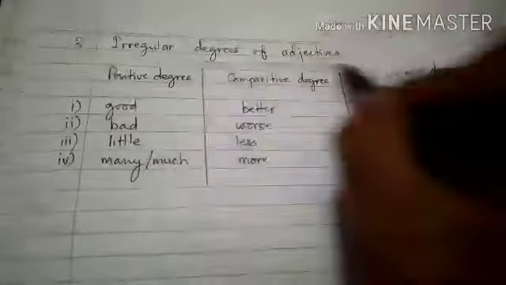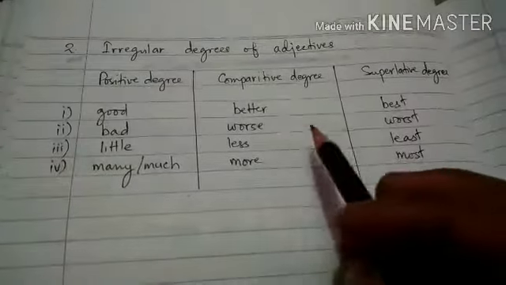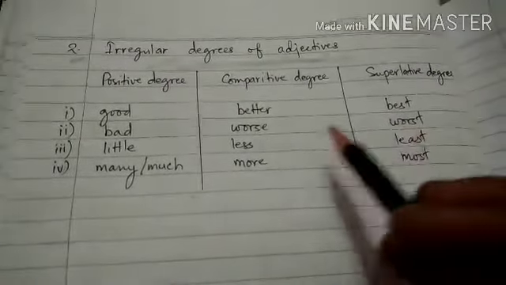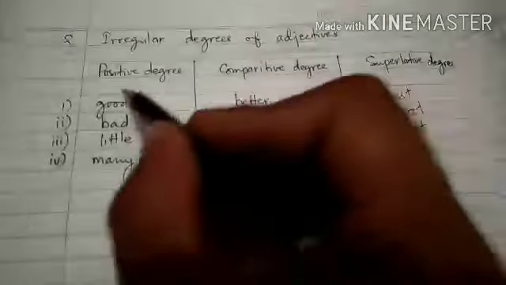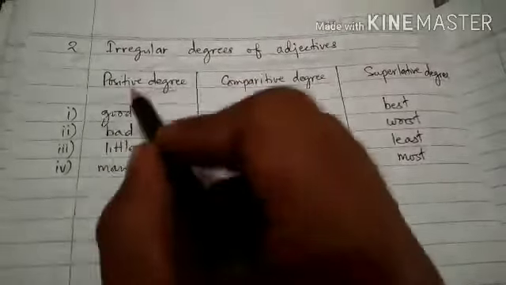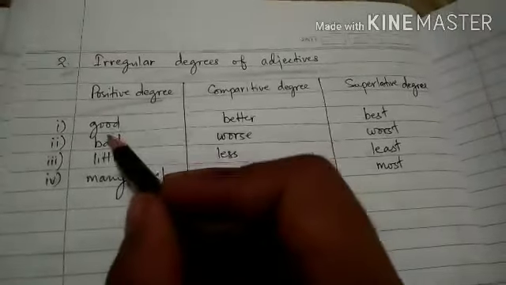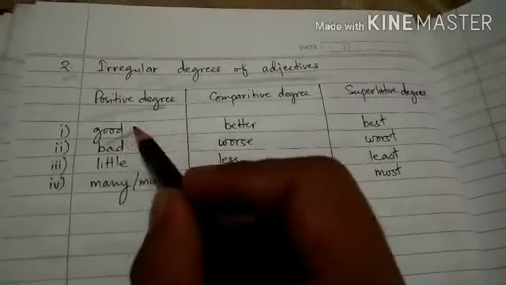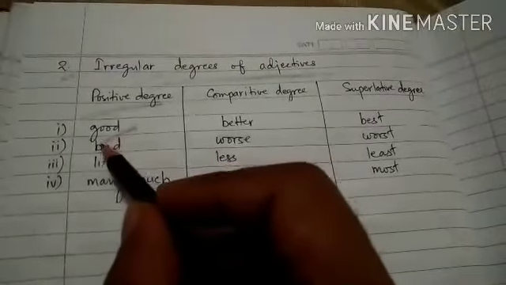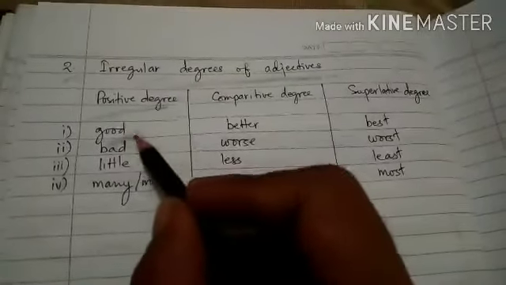But in irregular degrees of adjectives, we frame new words in each degree. Like positive degree, तो ये जो irregular degrees of adjective है ये हमें याद करना है. Okay, because it does not follow the grammatical structure as we have learned in regular degrees of adjective.